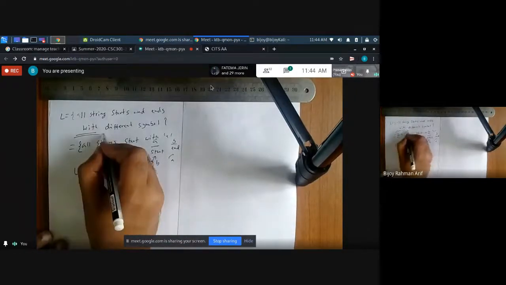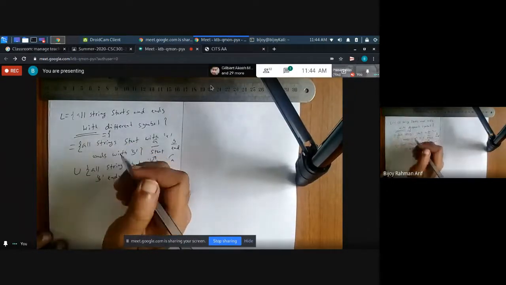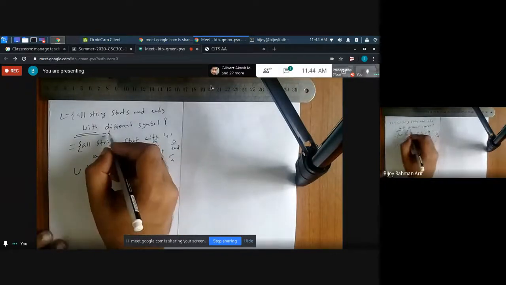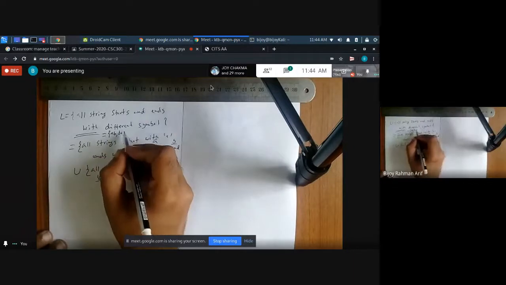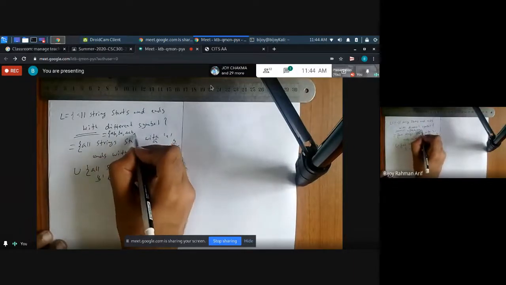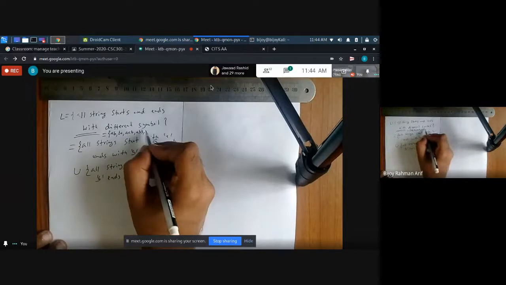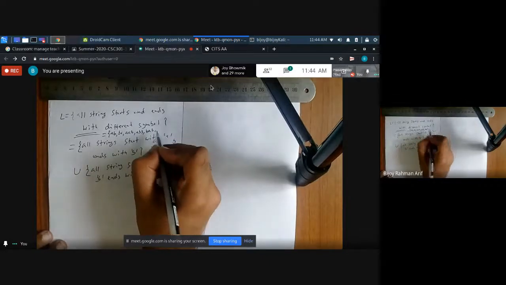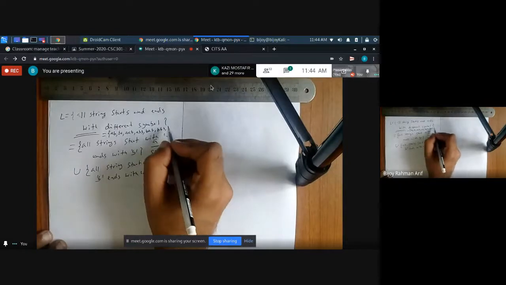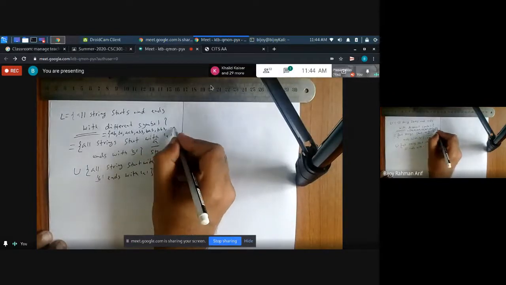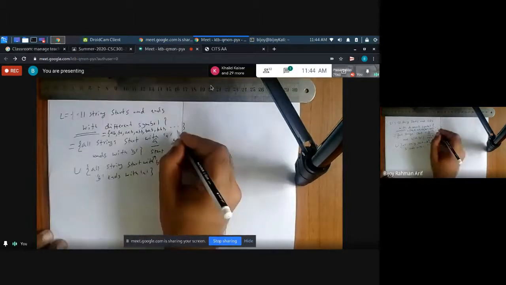If you consider the language, then it would be nothing but AB, BA, then AAB, ABB, then BAB, BBA, this way it will continue. Am I right? So it is an infinite language.